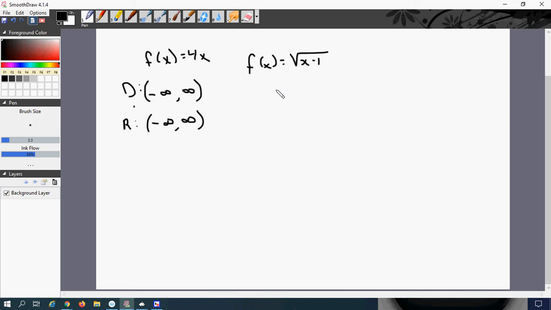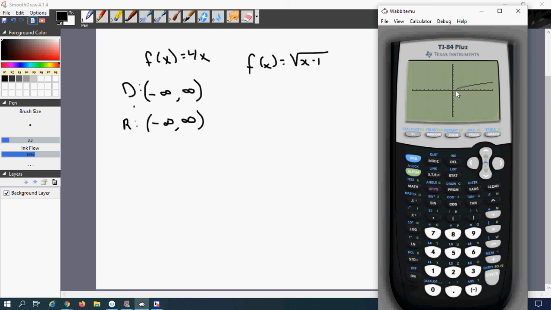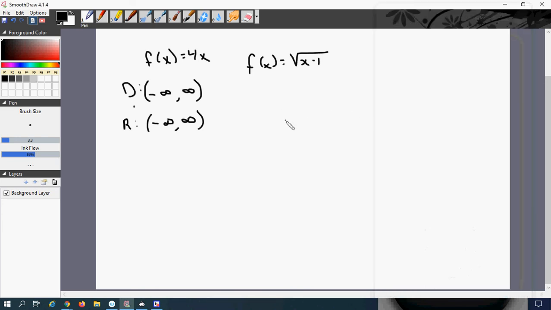We can see from the graph that for the domain, the x value starts at 1 and keeps going to the right, because this curve is continuing to go on forever. So my domain is going to start at 1, so it is a bracket this time, and then it goes to positive infinity, which is parentheses.